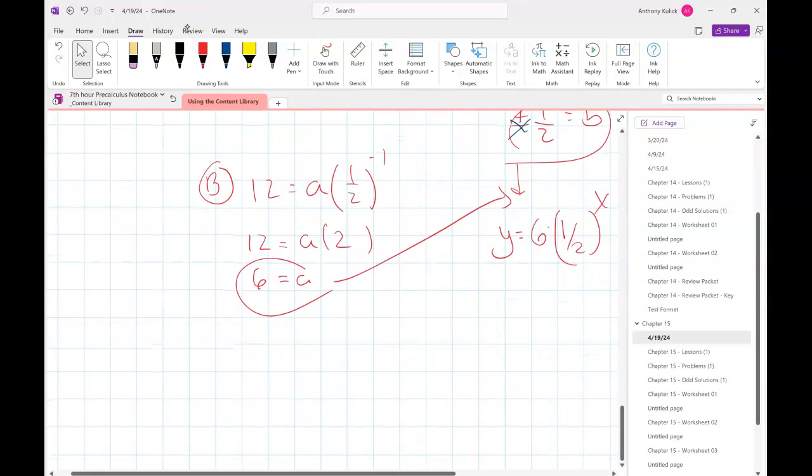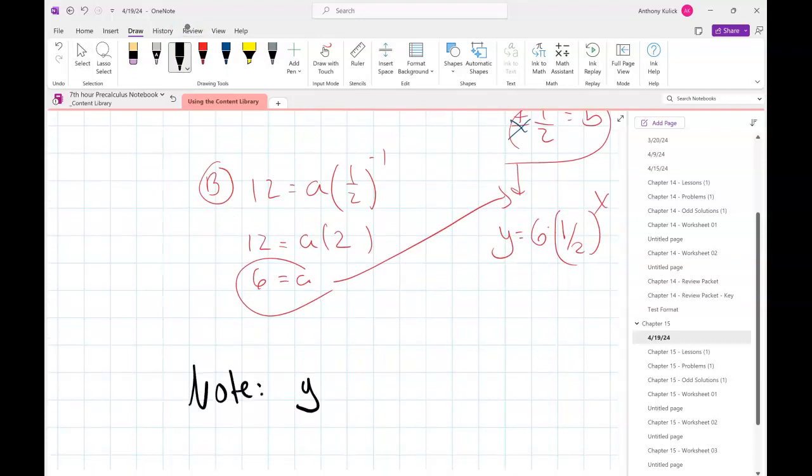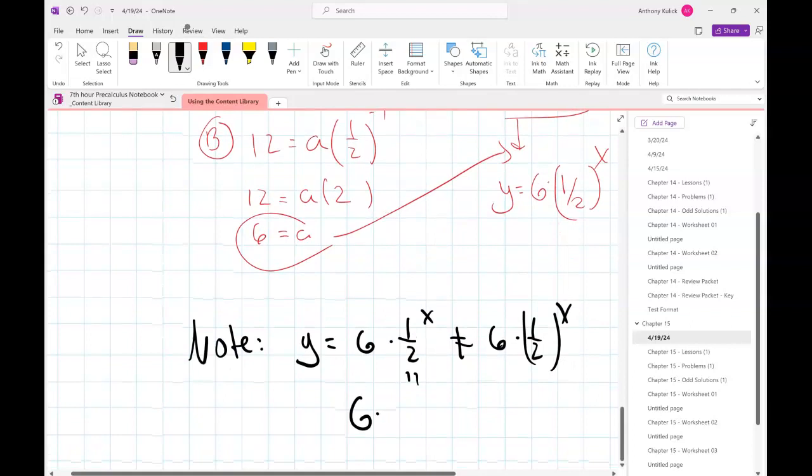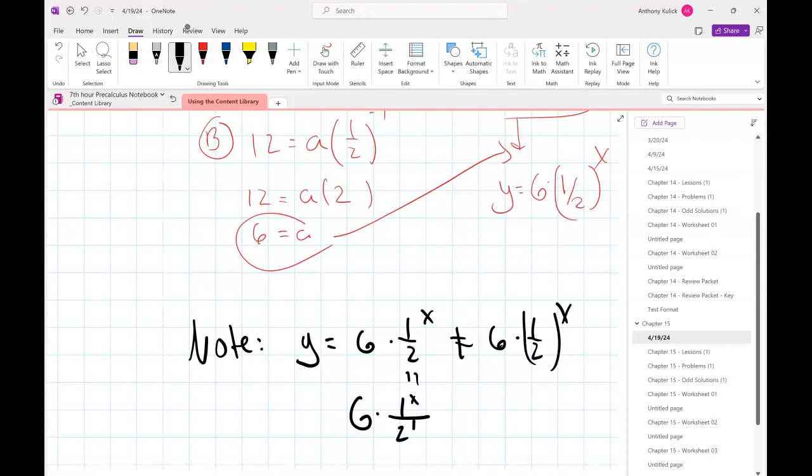As a note, whenever I have a fraction to a power, I want to make sure that I put a parenthesis around it, because if I don't, this just means 1 to the x over 2 to the first, which is not the same thing as this, because this equals 1 to the x over 2 to the x, right?